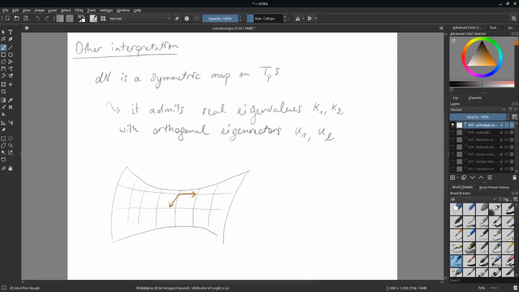We also know that the determinant is simply the product of the eigenvalues, and because it's symmetric, it also has orthogonal eigenvectors. And so the curvature is the product of these two eigenvalues, kappa 1 and kappa 2, and we can find the orthogonal eigenvectors, let's say u1 and u2, and they're going to be the directions where the curve bends the most and bends the least.